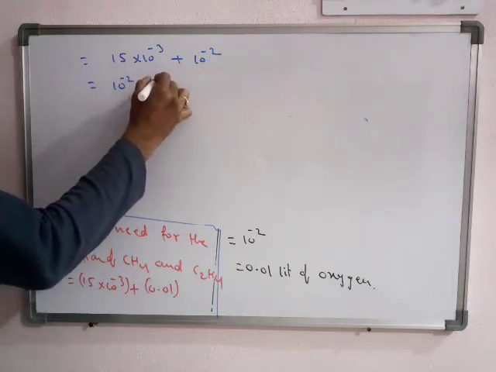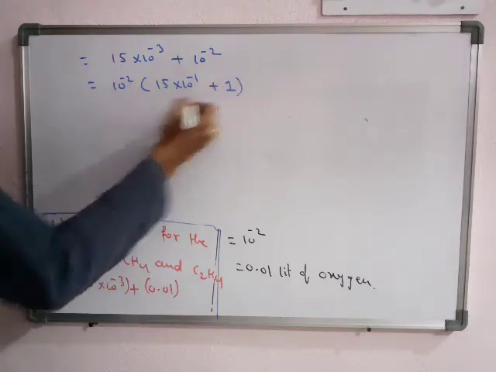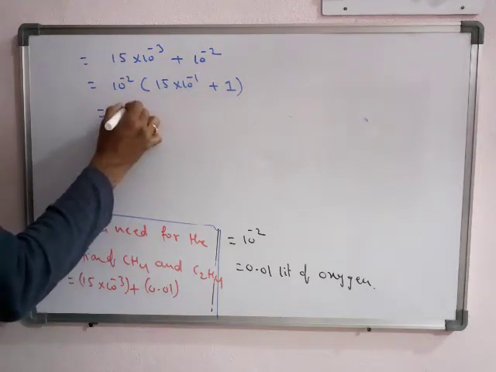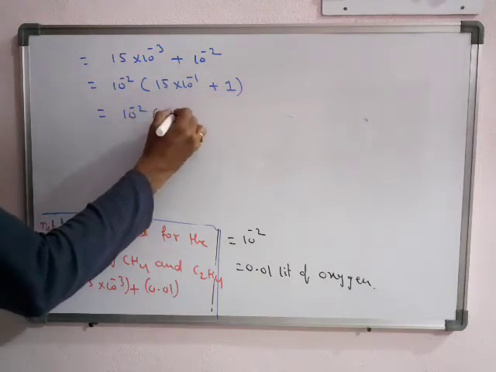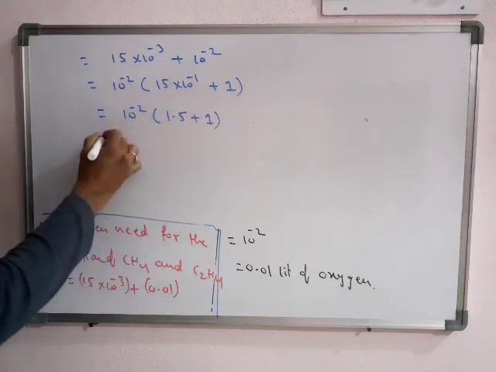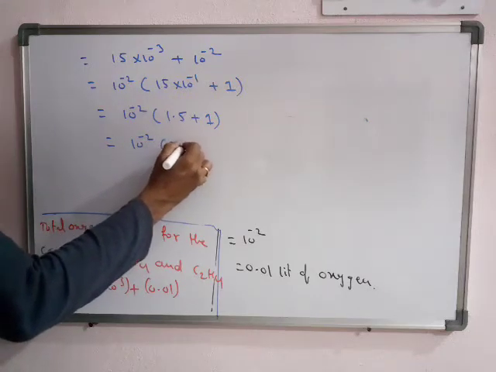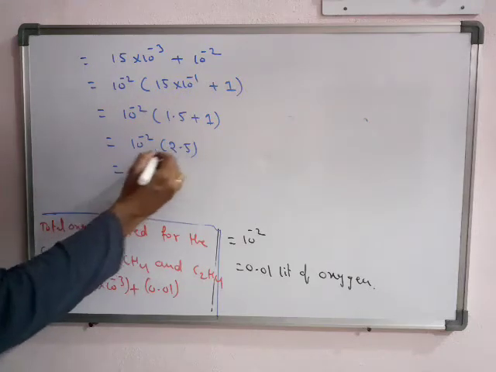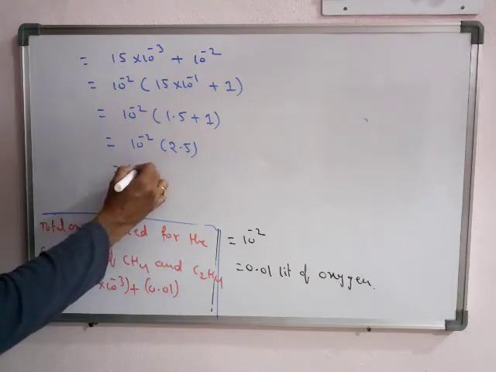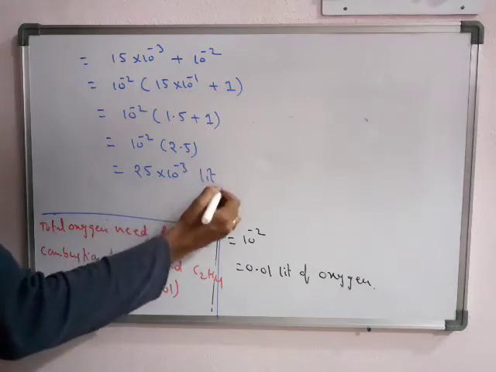Here we will get 1.5 plus 1, which is 2.5. So we can make it 25 into 10 power minus 3 liters.